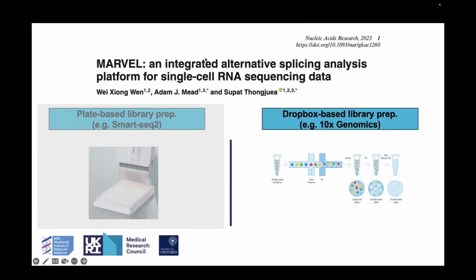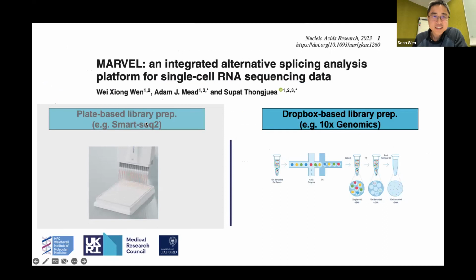No worries. So I've explained the proof of principle for plate-based. As I was building Marvel, I realized that I couldn't just build a platform for RNA sequencing data generated from plate-based library preparation, because the whole research community is shifting so fast to droplet-based library preparation platforms.